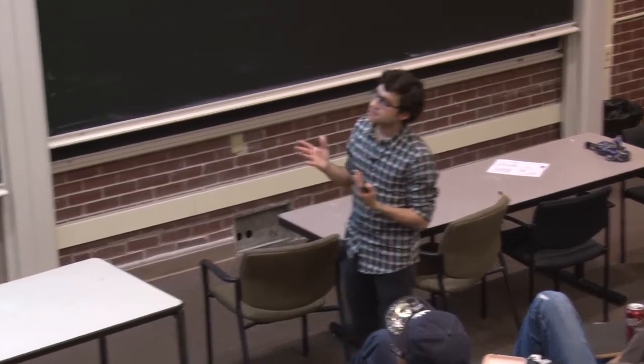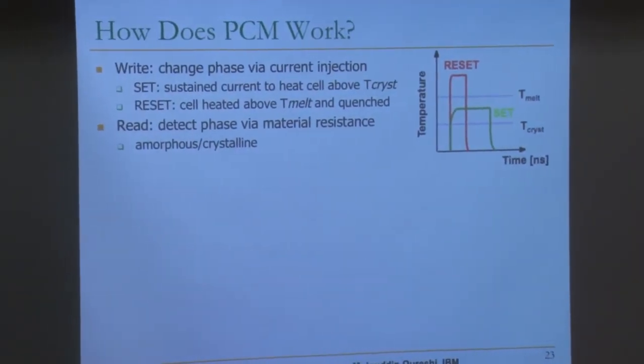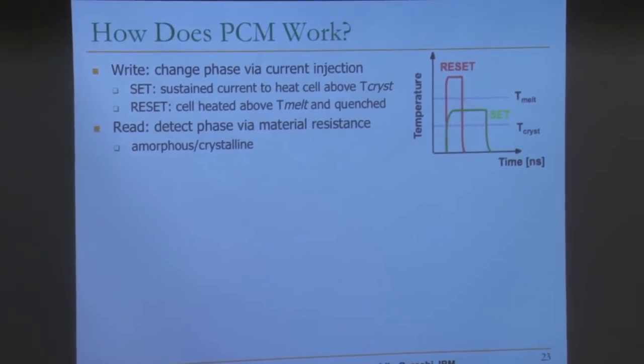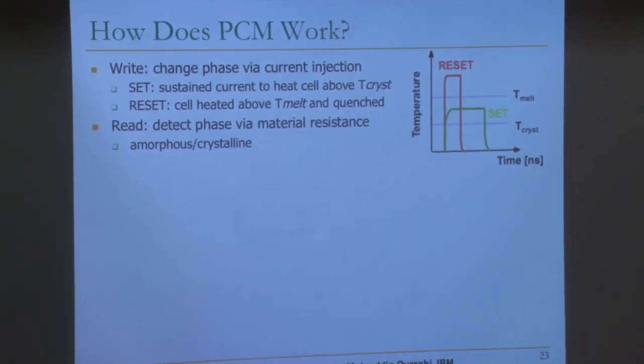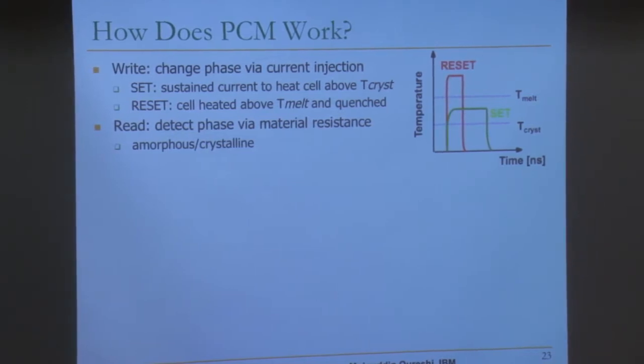So how does it specifically work? Well, if we're doing a write operation, like I said, we change the phase of the material by injecting current into the device. So when we have a set operation, maybe we're setting it to 1, we'll apply a sustained current to heat the device above a certain threshold temperature. And that will cause the phase of the material to slowly change toward the one that stores the 1 value.